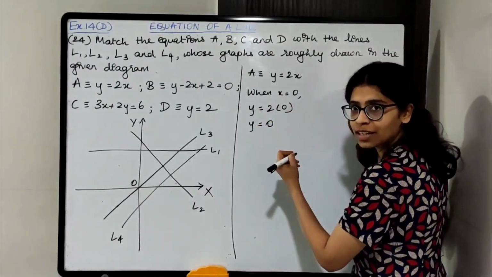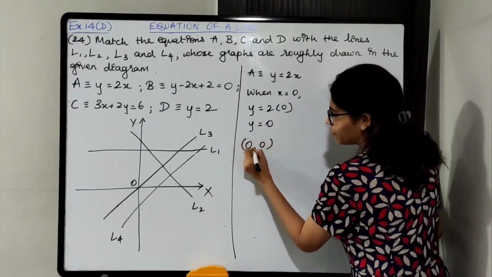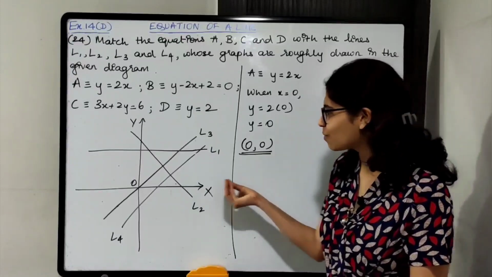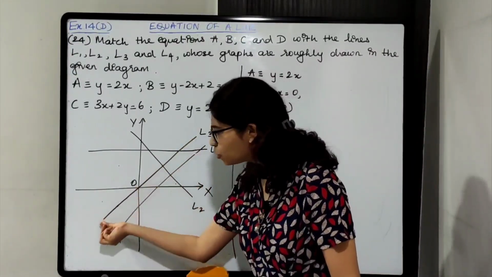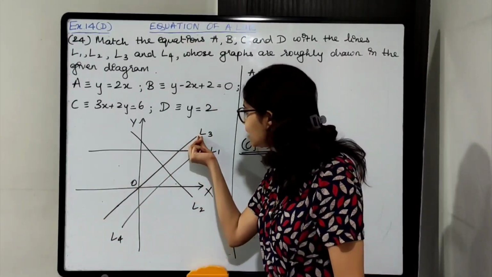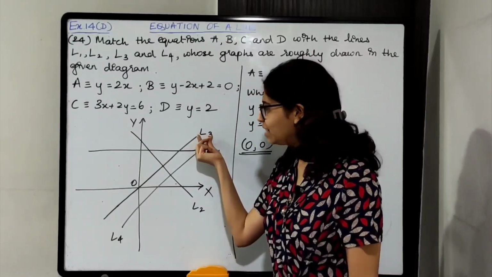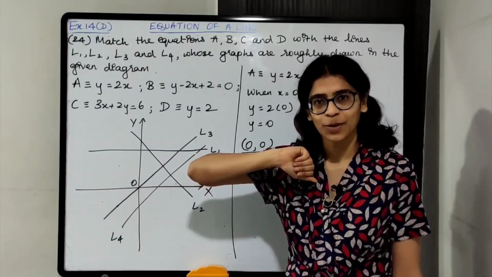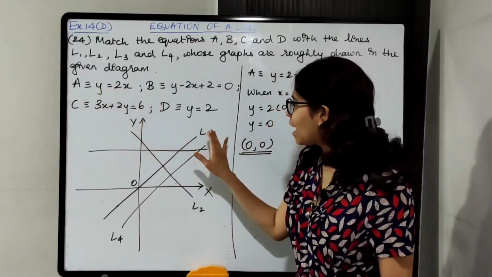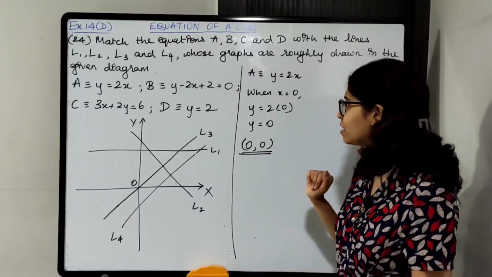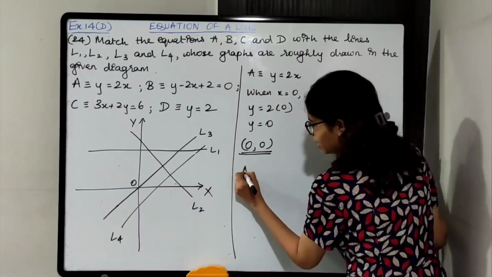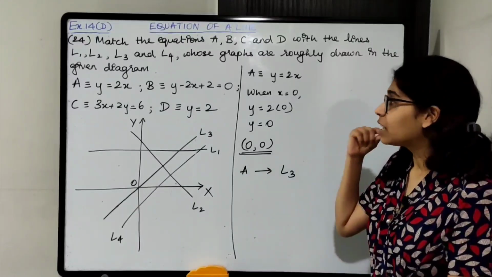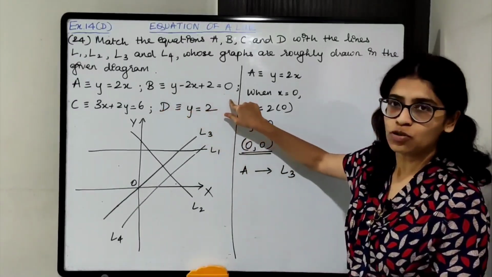The coordinates will be 0, 0, at the origin. So the line which is passing through the origin, that is L3. L3 is satisfying this equation. So A with L3.